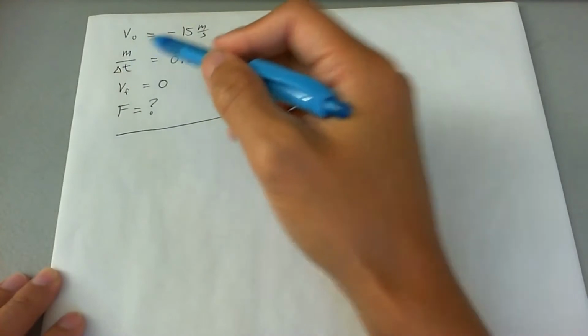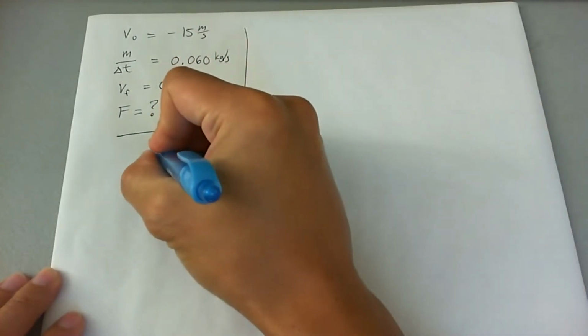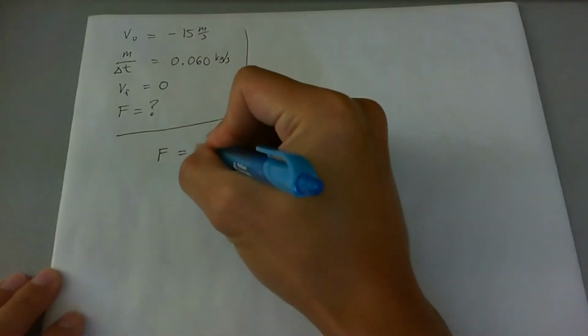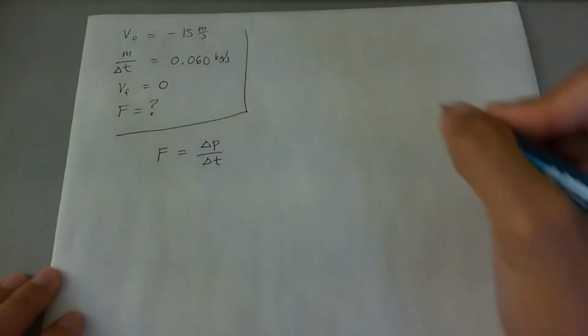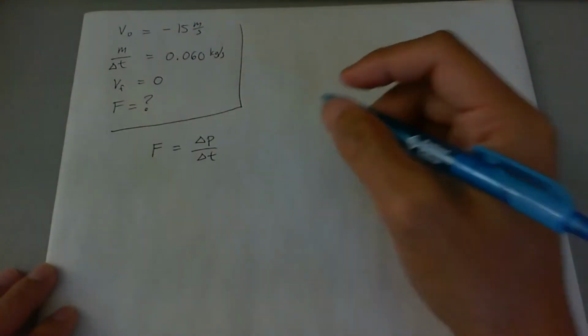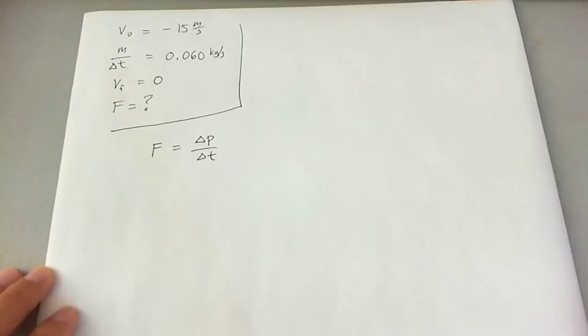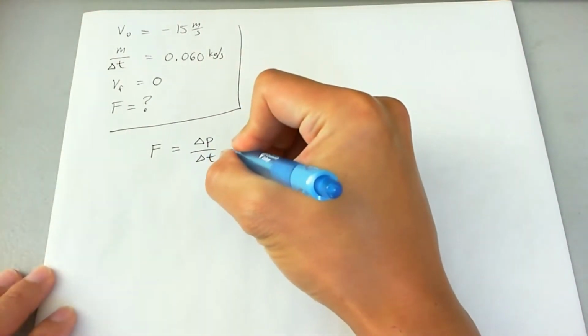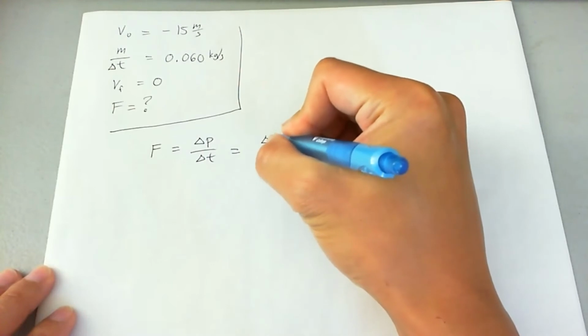And how force relates to momentum is through Newton's second law, but in a more general sense. Delta P over delta T. And this is an algebraic version of it. All right, so the definition of momentum is m times v.